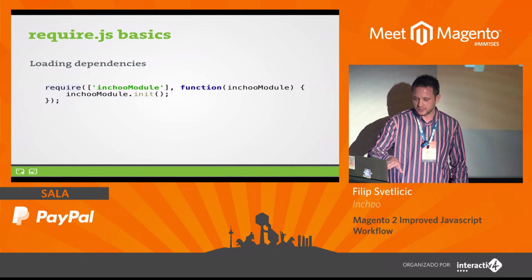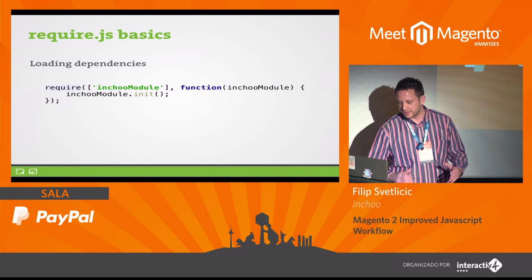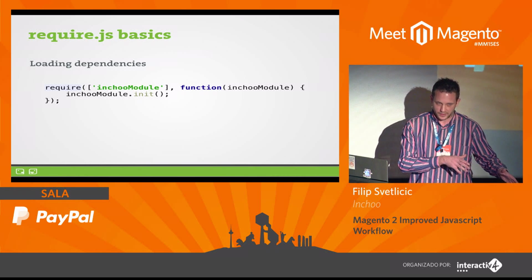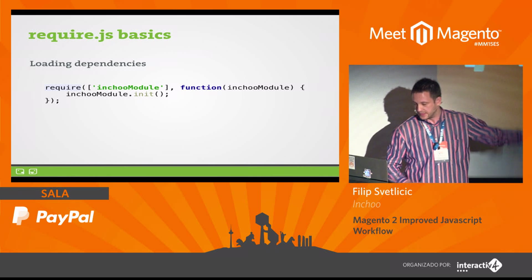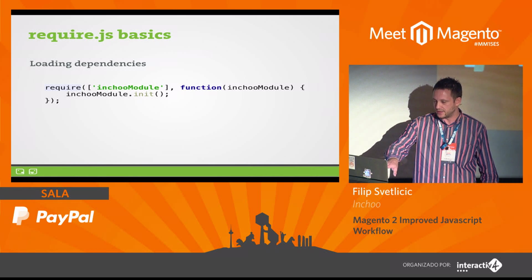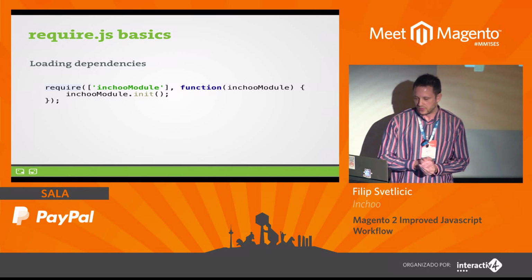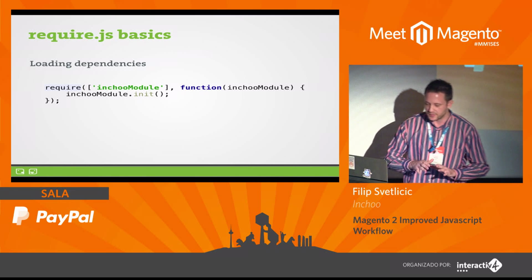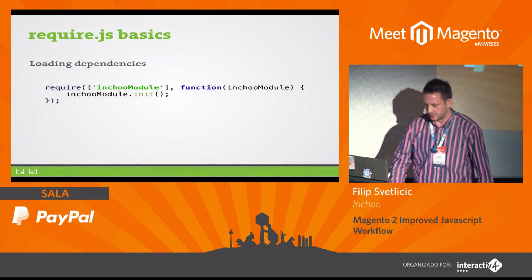When we say we need this dependency, whatever the intuit module.js file that we need to create returns will be referenced through the function callback. In this case, intuit module, or however you prefer to name your callback variable, okay? We can see the anonymous function with the intuit module variable.